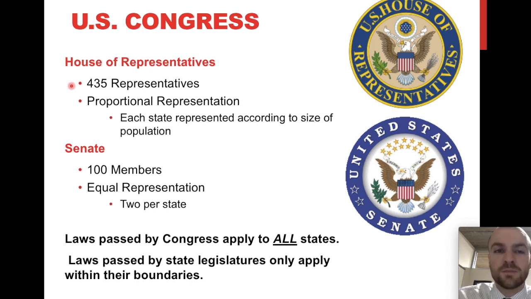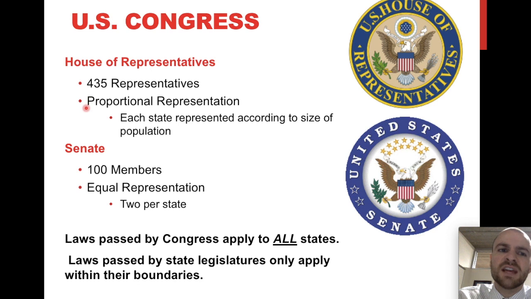But I don't foresee that happening anytime in the near future. So 435, even if a territory such as Puerto Rico one day becomes a state, this number is not going to go up. This number is going to stay the same, but the 435 members is going to be reallocated amongst the now 51 states of the U.S.